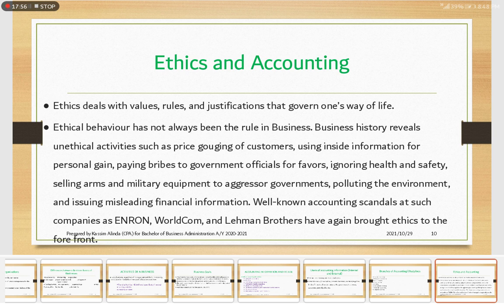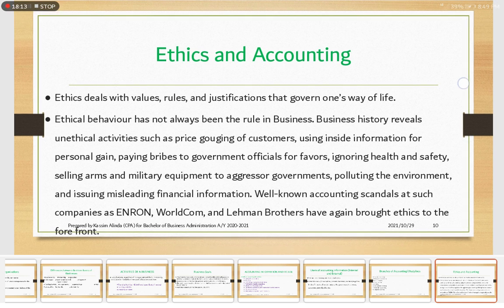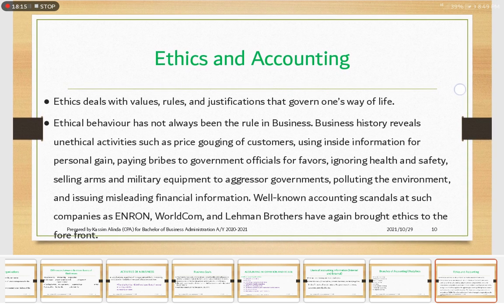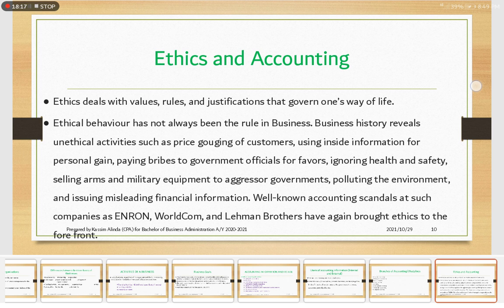Should you do something contrary, because you want to satisfy a given group of individuals, you will face what such individuals like Jamwa faced. I suppose some of you know who Jamwa is. So as an accountant, you are expected to do what is right, regardless of all the circumstances surrounding you.